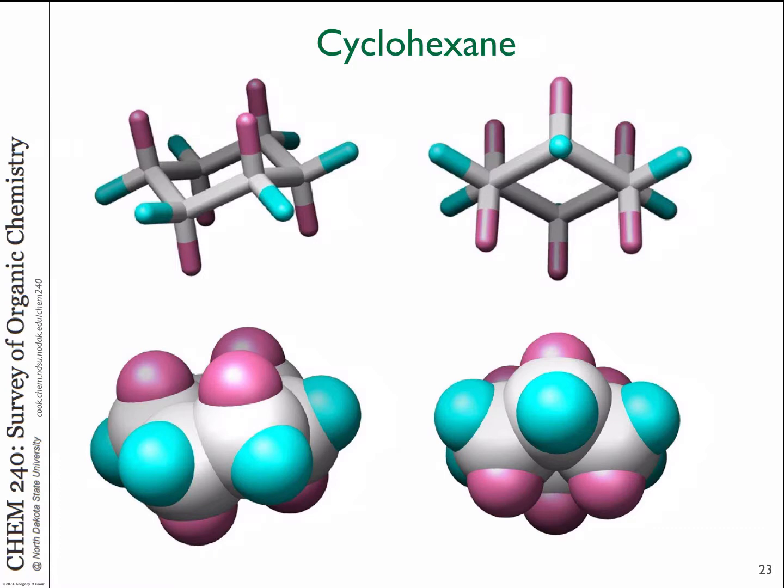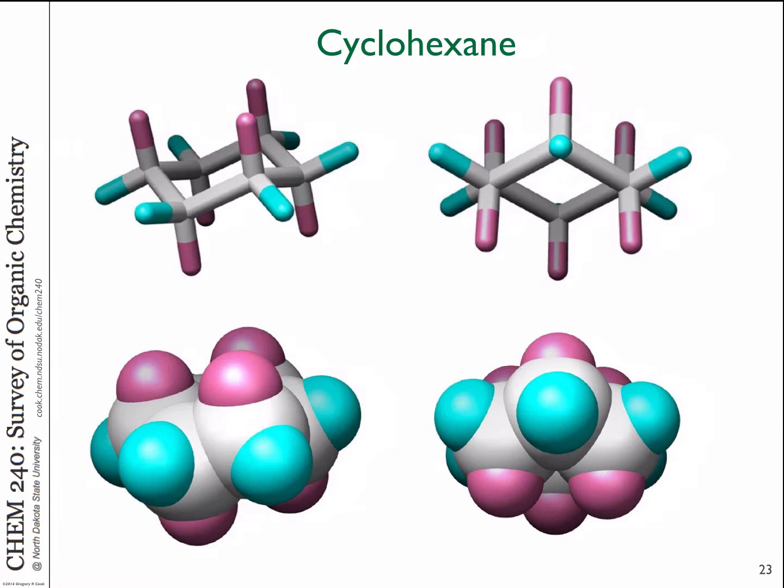I have color-coded the hydrogens here differently for a reason I'll explain in a minute. If we look at the 6-membered ring, there are now enough carbons that we can pucker the molecule out of plane so that the bond angles are optimal and the same as if it were an open chain. So the bond angles are not particularly strained because it's in a ring.